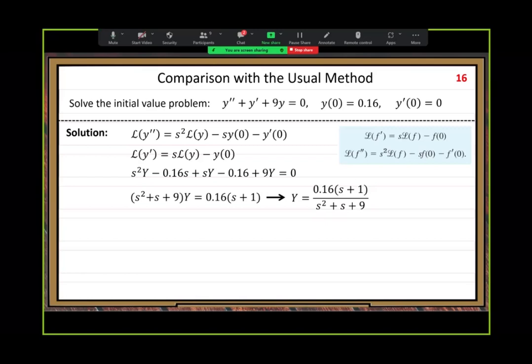So we need to do some preparation work. Look at the denominator. In the denominator, we want to make squares. S squared plus s. We want to make squares here. S squared plus s.